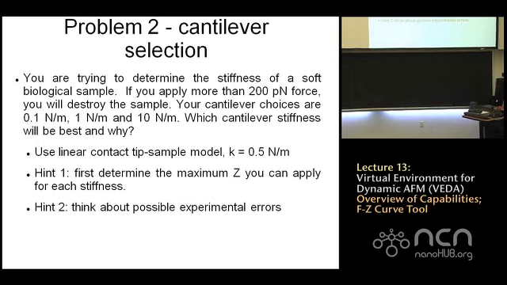Is that an option there, or is the model like that? It's the model that we want to use. So if you go to the tip sample interaction properties tab, DMT contact, and then select linear contact.